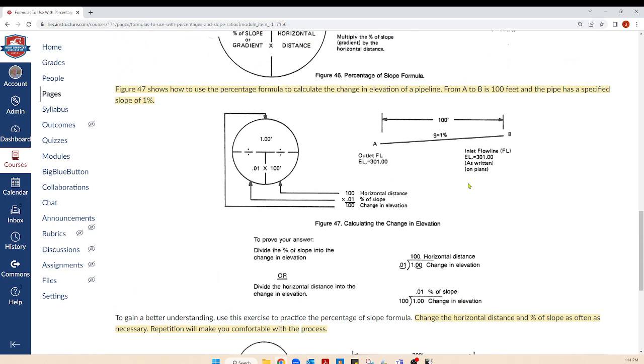Your vertical would be 1 foot. If this was an inlet and it was gravity flow, this would have to be 1 foot lower. And these are actual elevations, so this would be 301 feet above sea level. This one would have to be 1 foot lower.